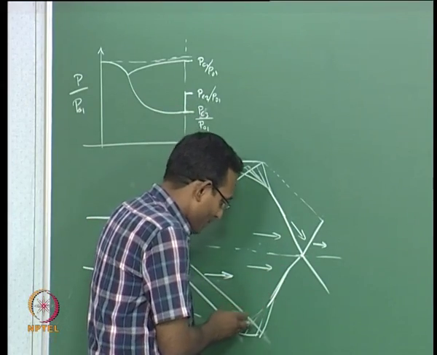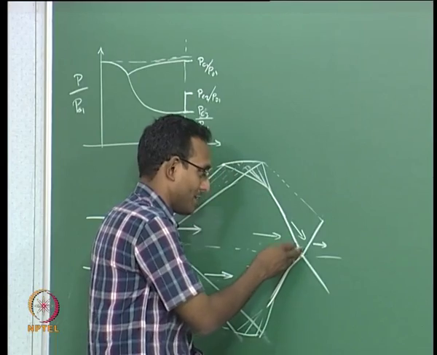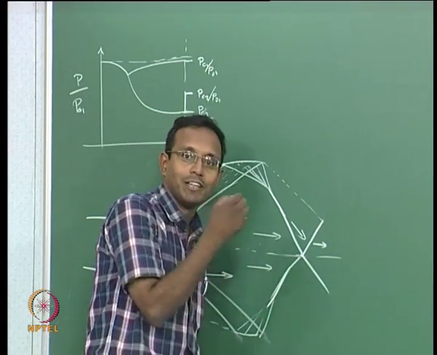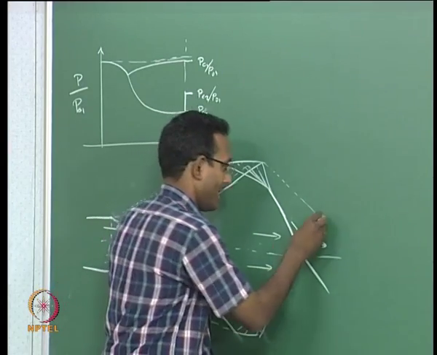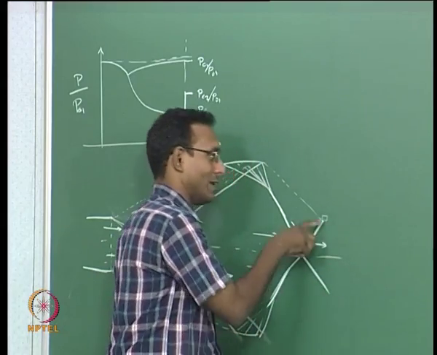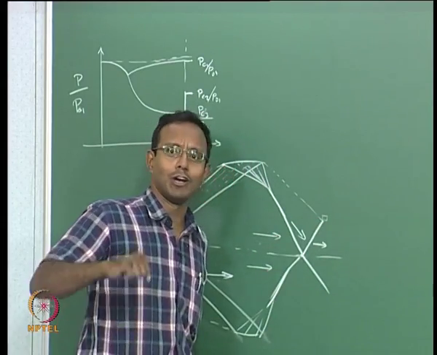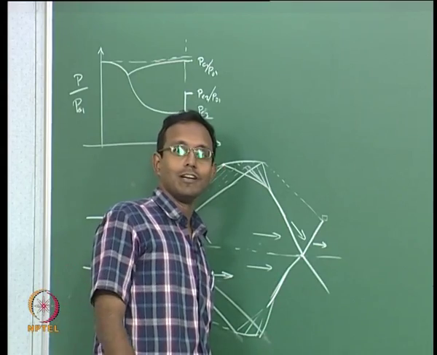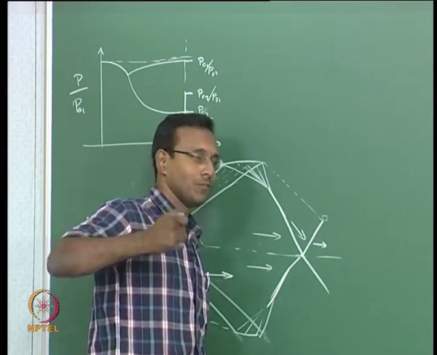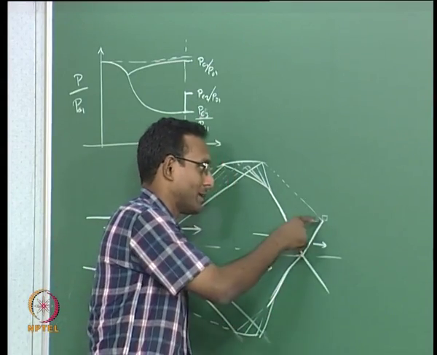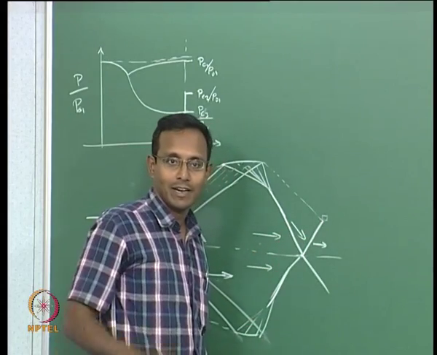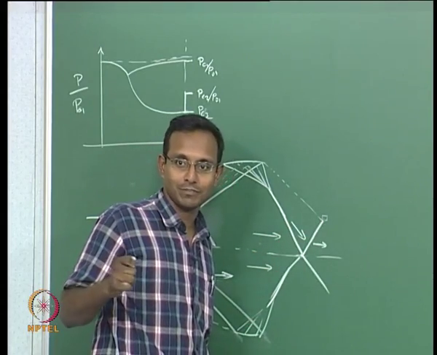Now, this set of compression waves together have formed one shock, and they are going and telling you have to increase your pressure. Again, the atmosphere is very adamant, that fluid element sitting there is going to say I am not going to change. So, what will it do? It will put however many compression waves we have, so many expansion waves at that point, negating each one of those compression waves. Okay.